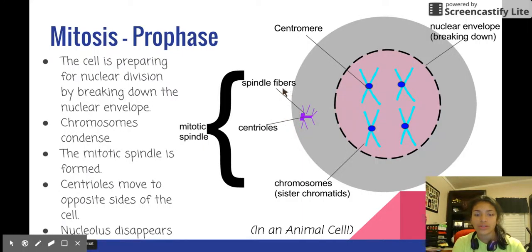This whole structure consisting of the spindle fibers and the centrioles is called the spindle apparatus or the mitotic spindle. Near the end of prophase, the nuclear envelope, which is this right here, disappears, and the centrioles move to opposite poles of the cell.